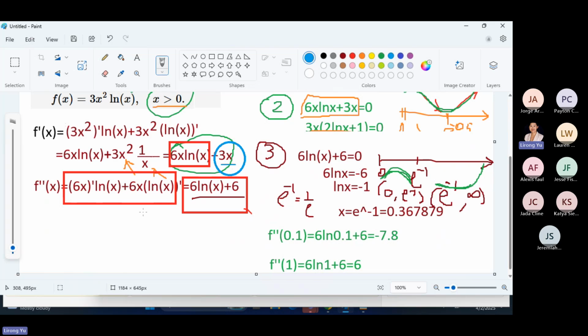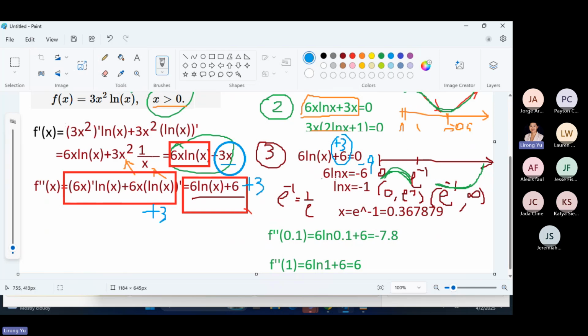Derivative of 3x is plus 3. So there should be a plus 3 over here, which makes it 9, so this is actually -9. In the calculation of the second derivative, I differentiated only part of it and forgot to differentiate the 3x.